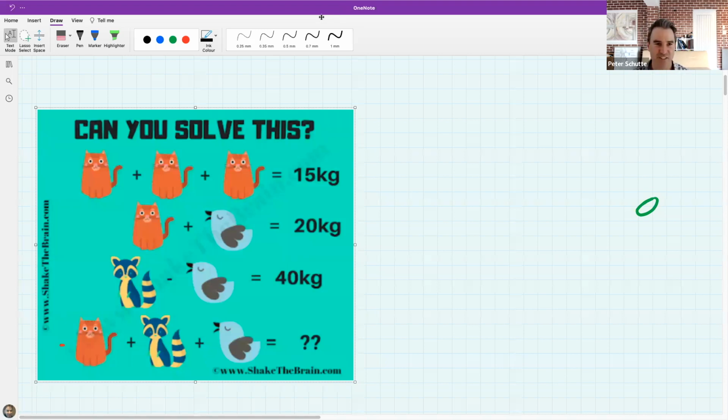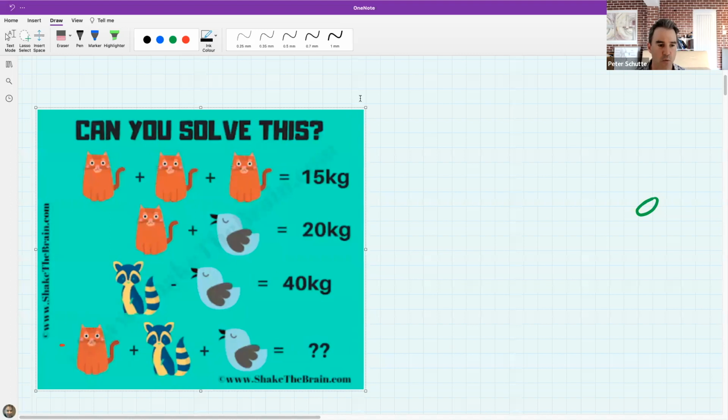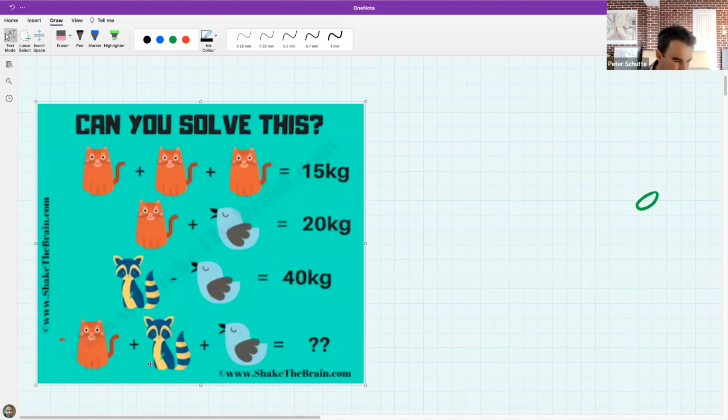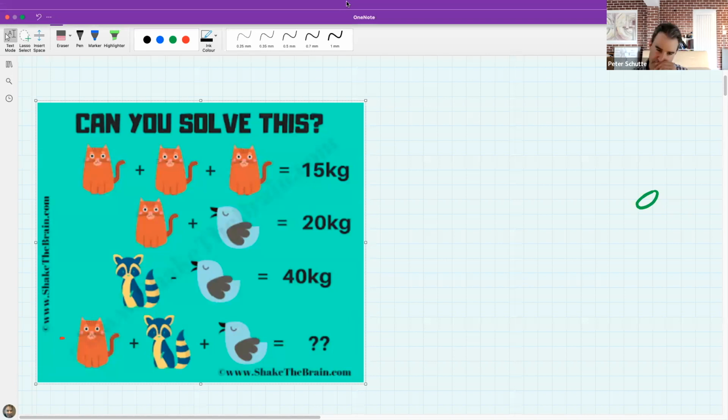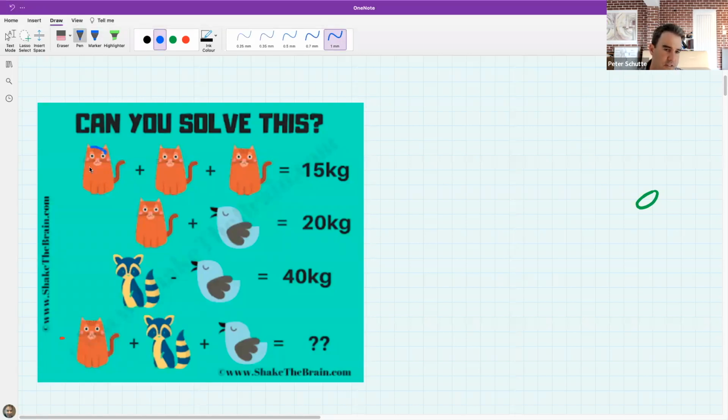All right. So here is the logic puzzle for today. What is a cat plus a, I don't know what that is, plus something plus a bird? I want to know what the answer is. I'm pretty sure the first one is 5.